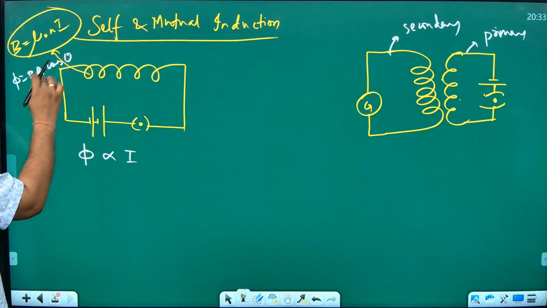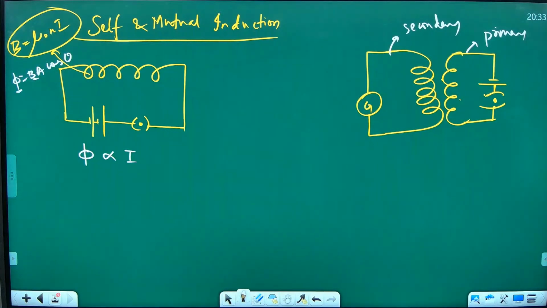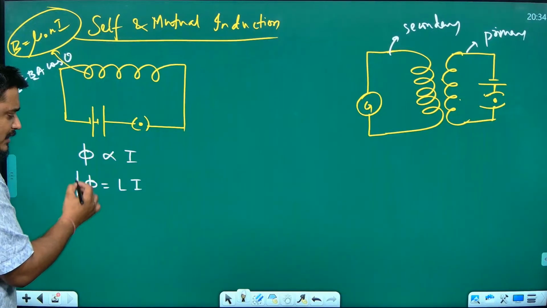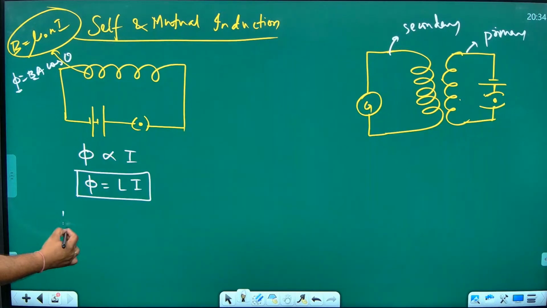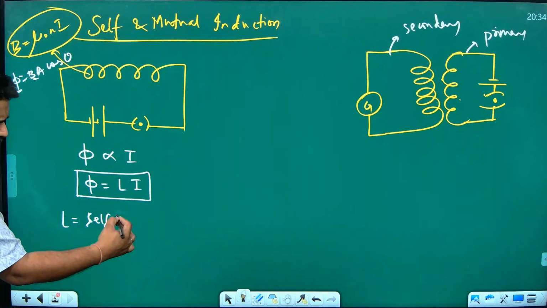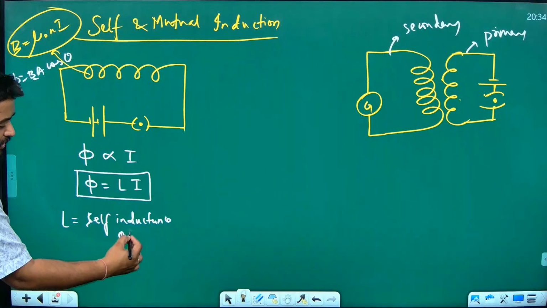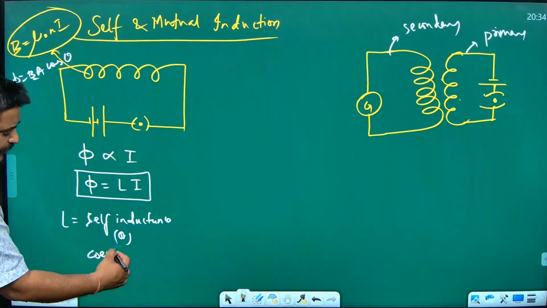So, can I say that flux depends upon current? If I remove this proportionality, I have to add a constant, and that constant is called L, which is called self inductance, also called the coefficient of self induction.